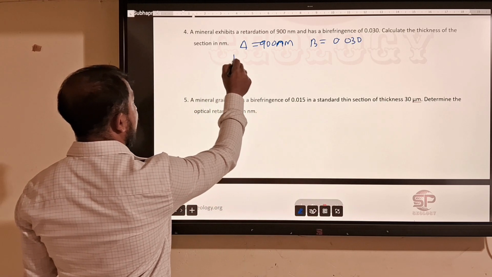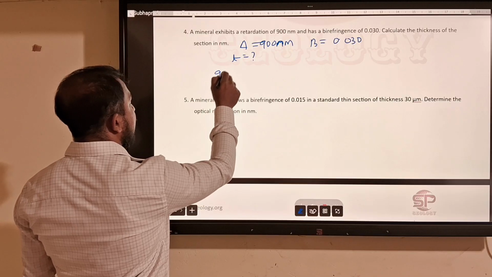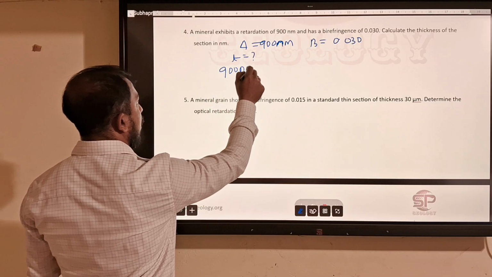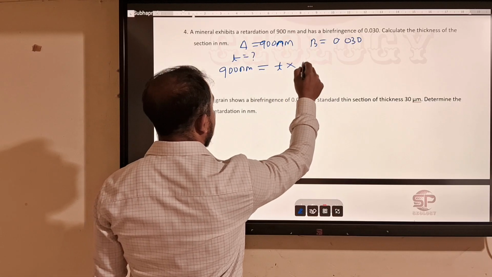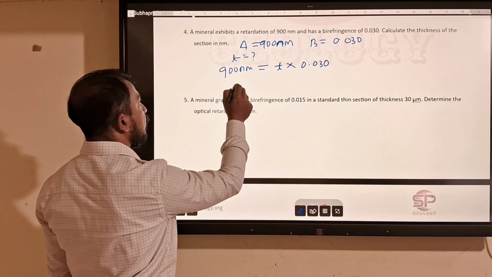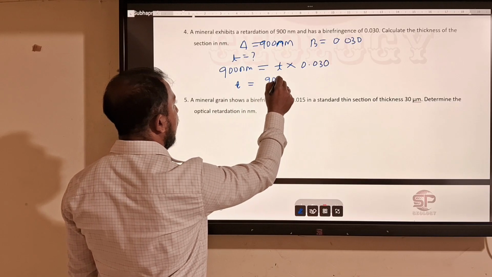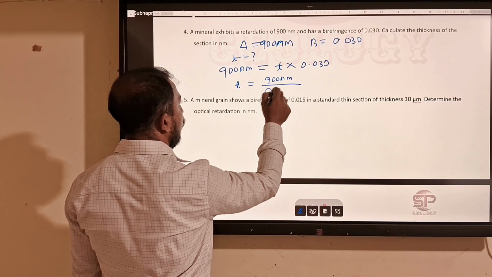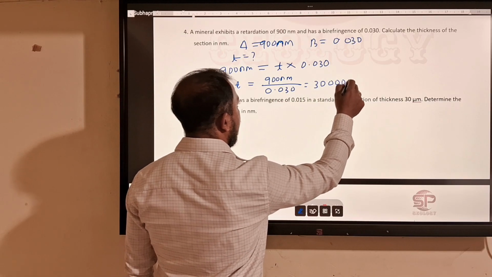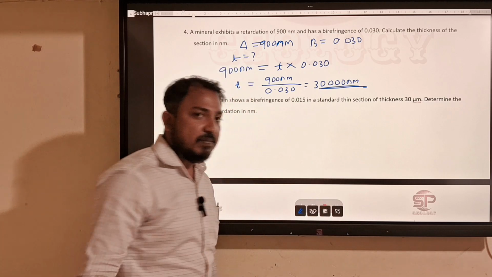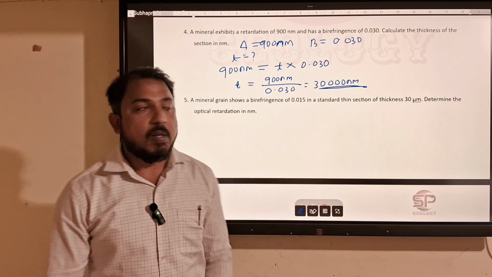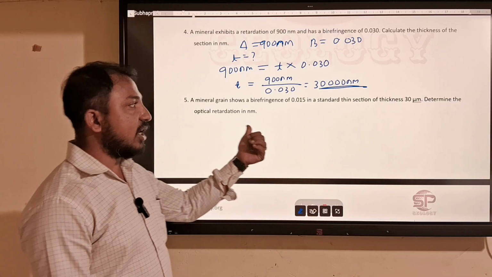You know retardation equals thickness into birefringence, 0.030. So thickness will be 900 nm divided by 0.030, which is 30,000 nm. The answer is asked in nm, so it will be 30,000 nm. It's a very important question. You can pause this and try to solve it.